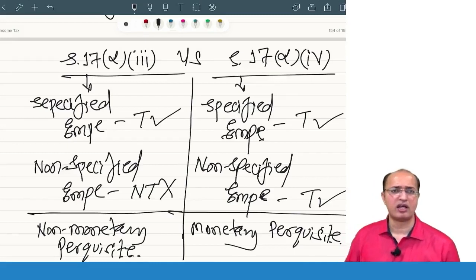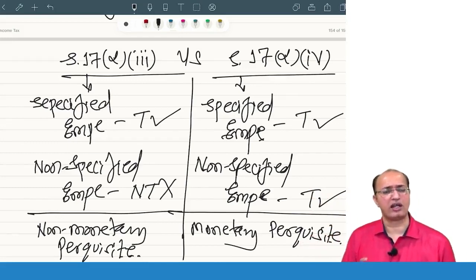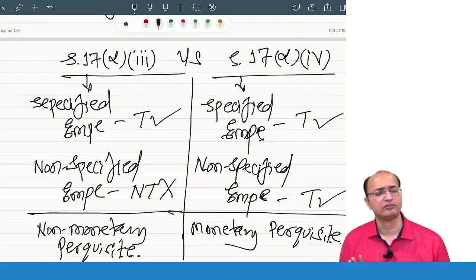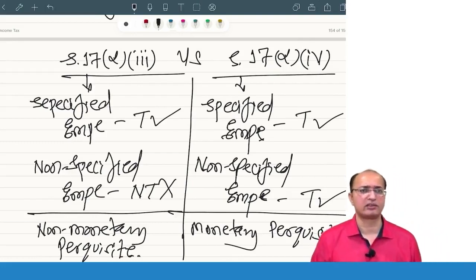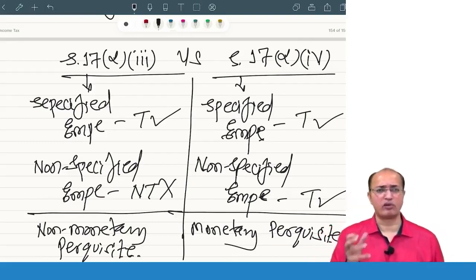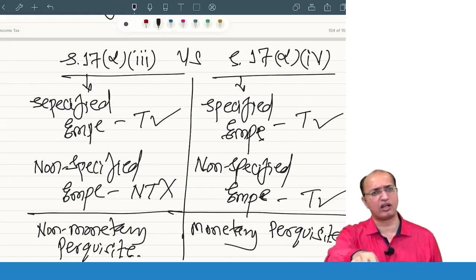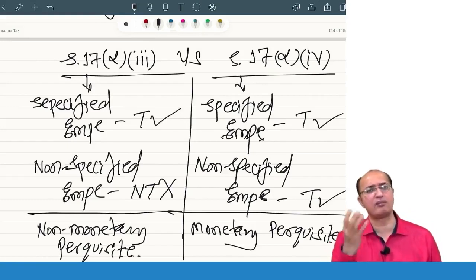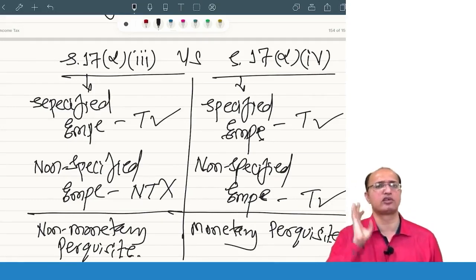Number two possibility, I can start a school, I can appoint the teachers, and I can ask my employees to send their children to that particular school. Or number three possibility is, I don't have my own school, so I ask my employees to take admission for their children in a school nearby their house, and whatever cost they incur, they tell me, and I'll reimburse or pay directly to the school.